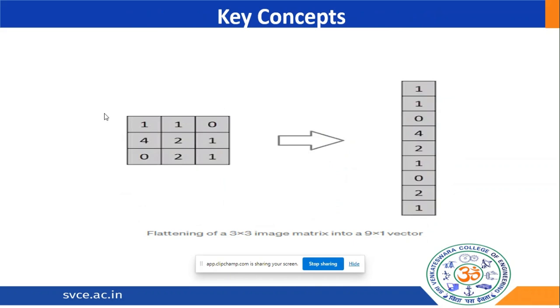In the given image, a 3 cross 3 image matrix is flattened into a 9 cross 1 vector and fed to a multi-level perceptron for classification purposes. In the case of an extremely basic binary image, the method might show an average precision score while predicting classes, but would have little or no accuracy when it comes to complex images having pixel dependency throughout.